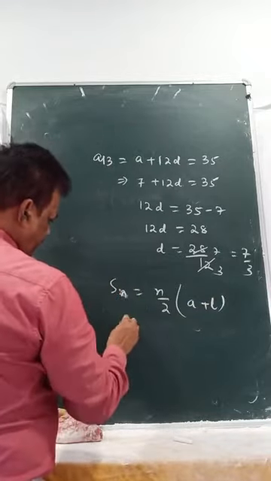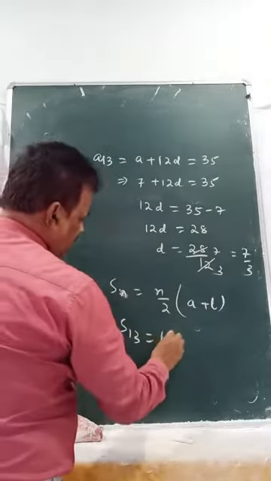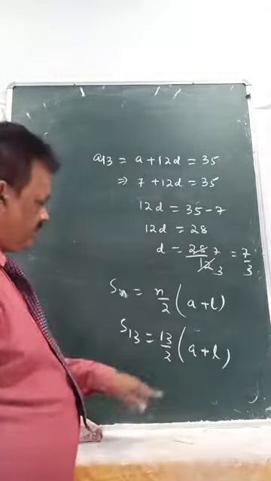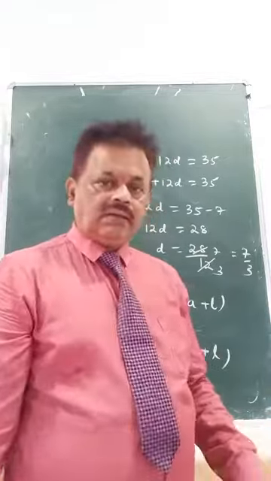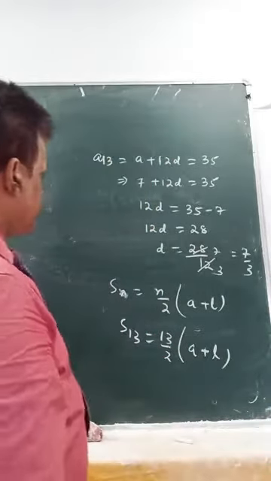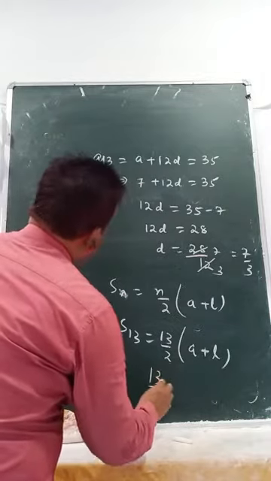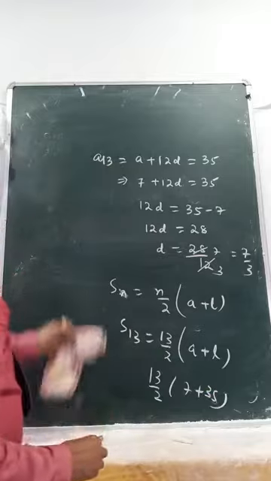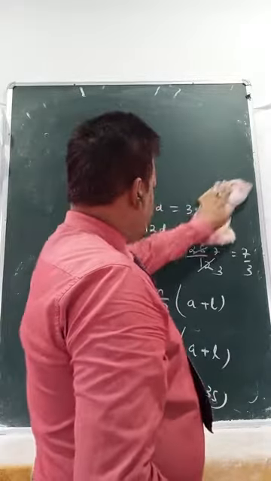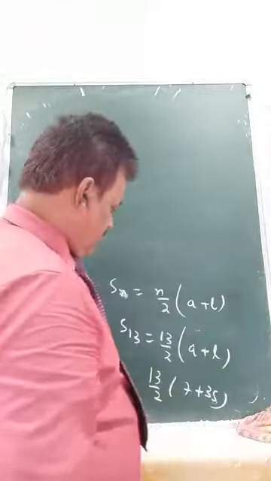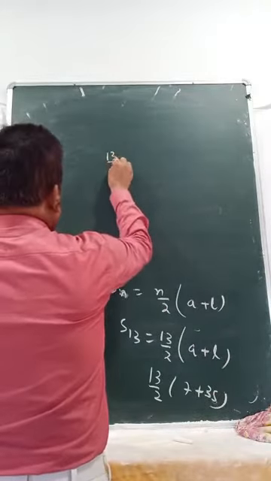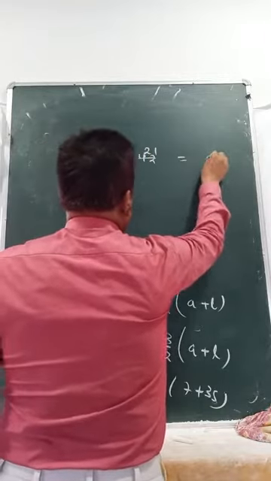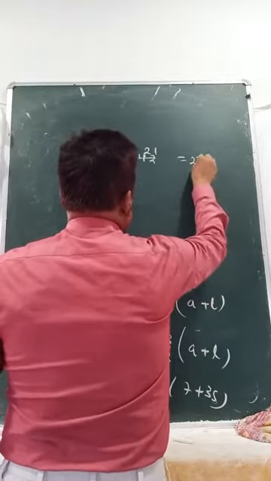S13 will be 13 by 2 (A plus L), because the last term is given. So 13 by 2, 7 plus 35. How much? 13 by 2 into 42, 273.